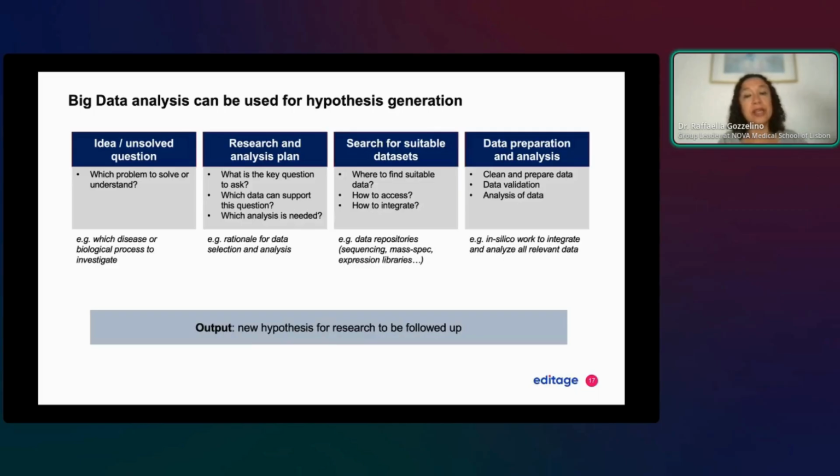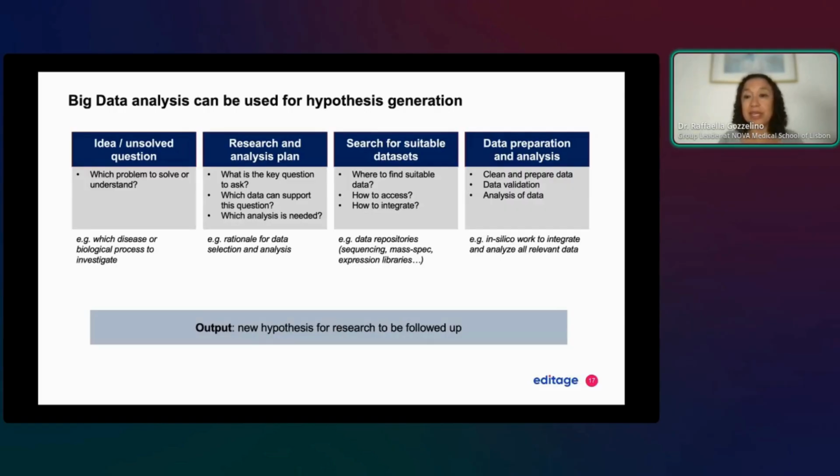And therefore, in this case, it can give you access to data repository, for instance, in terms of sequencing results, or in terms of mass spec results, or expression libraries, etc. But they can also be used to prepare data and then analyze data.